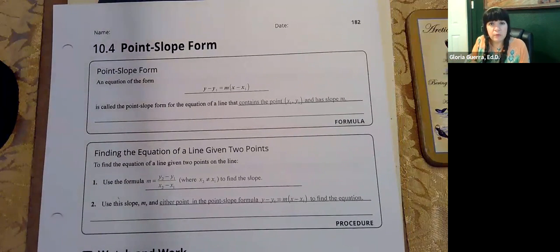And let's go with some vocabulary here. Point slope form. So an equation of the form y minus y sub 1 equals m times the quantity x minus x sub 1.